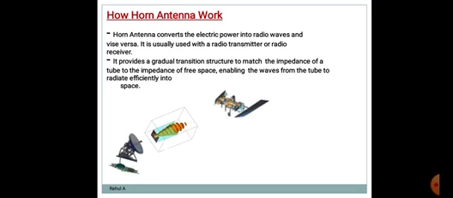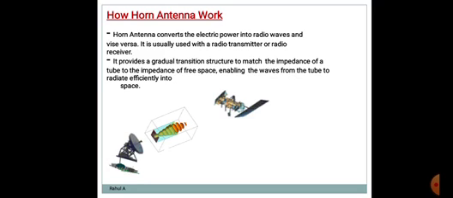The next point: it provides a gradual transition structure to match the impedance of a tube to the impedance of free space, enabling the waves from the tube to radiate efficiently into space. As you are very much familiar, every medium has a different input impedance.